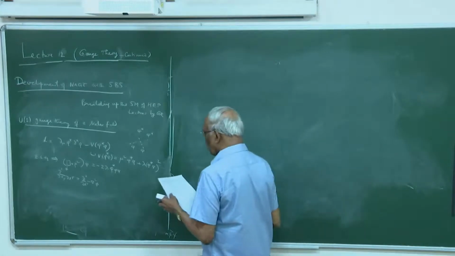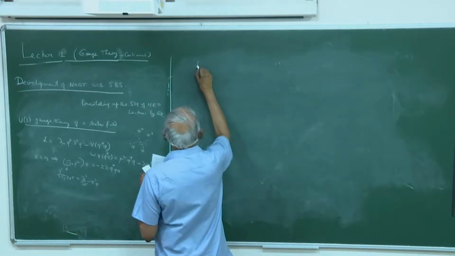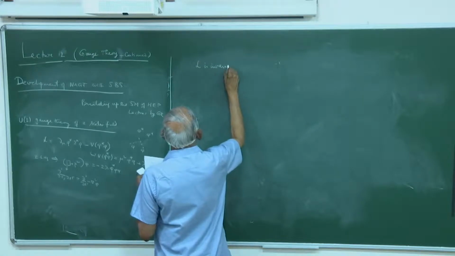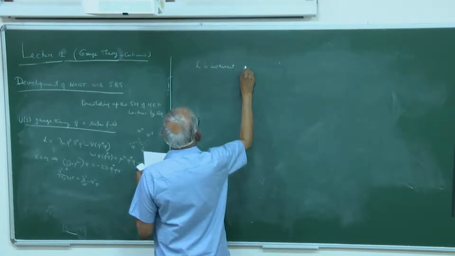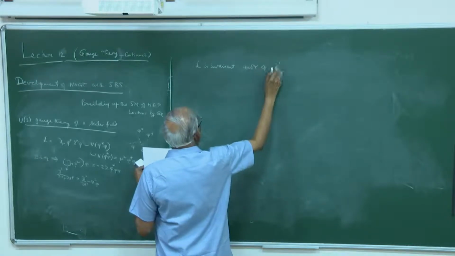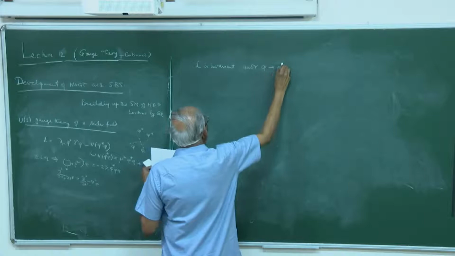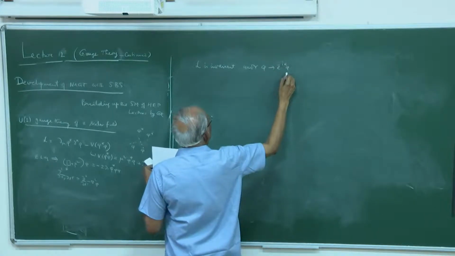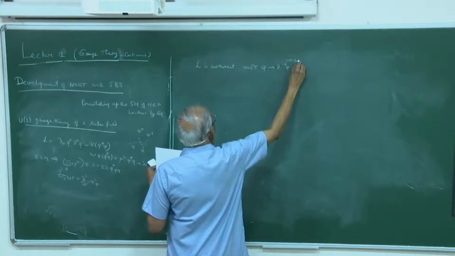So this Lagrangian also is invariant under first the constant phase transformation, phi goes to e power minus i alpha phi, alpha constant.